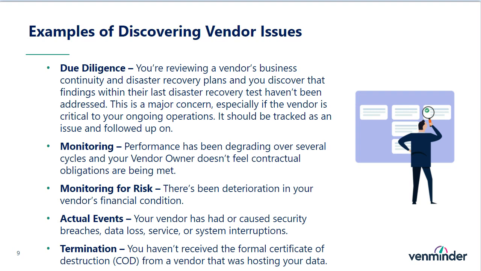A good example is maybe you haven't received formal certification of destruction. Some know it as a COD. Maybe they didn't return the laptops that they borrowed. Maybe they haven't returned badges that have physical access to your buildings. So these are all issues to document so that you can remediate them appropriately.